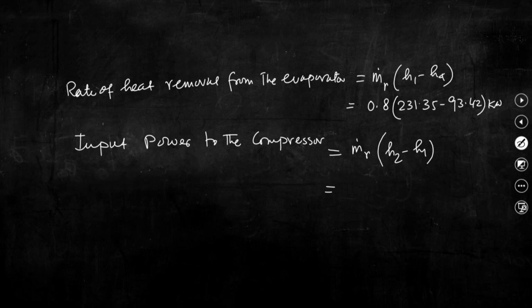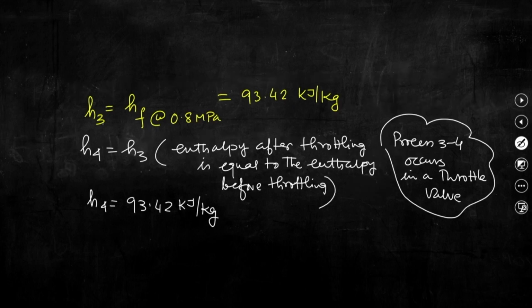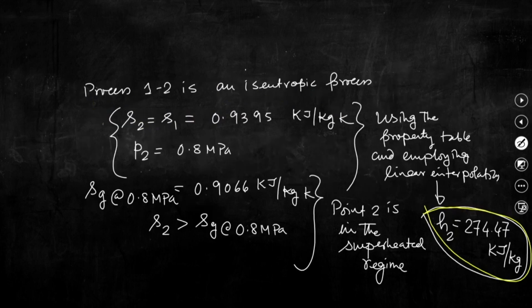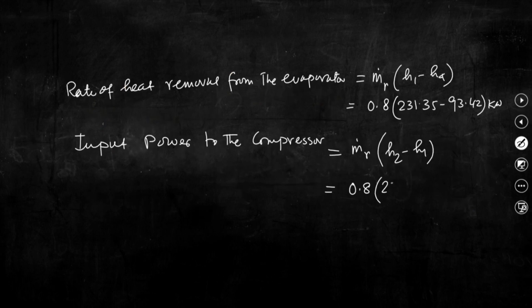So, this is again 0.8 into H2 that we have calculated, 274.47 minus 231.35, again the unit is kilowatt.